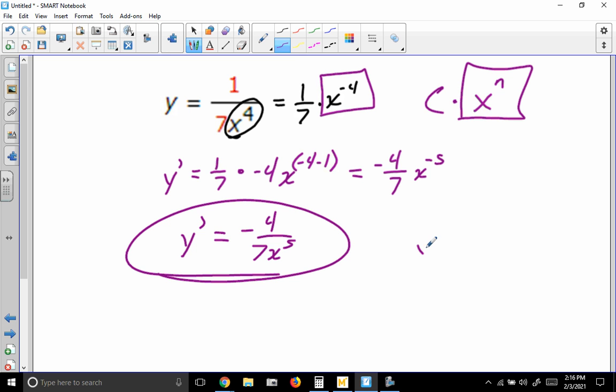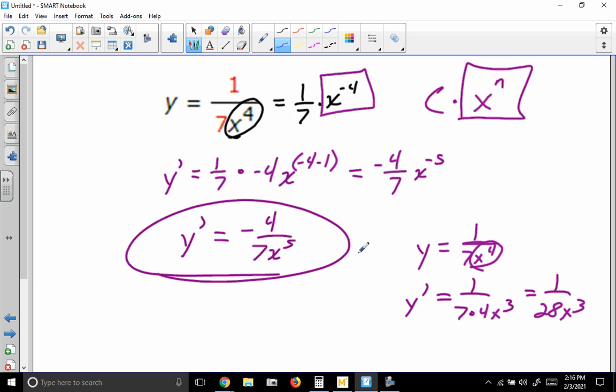For example, if we took this same function and I'm just going to take the derivative by leaving it where it is, and take the derivative of x to the 4th on bottom, that would give us 1 over 28 x to the 3rd. That doesn't work. Notice that's not the same thing. So don't just think, well, if I have something on bottom or wherever it is, I can take the derivative. It has to be able to be expressed as our variable to a power times the constant out front, and that's not in the denominator.